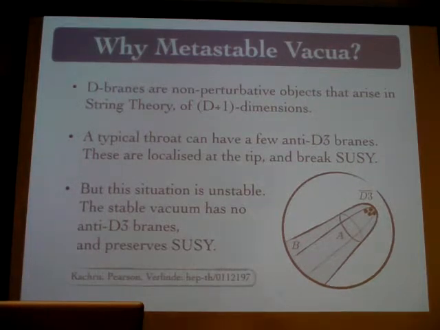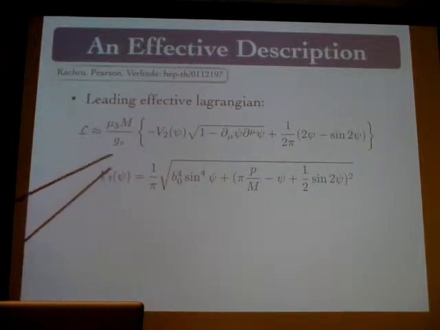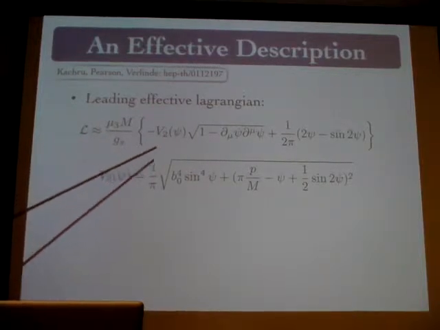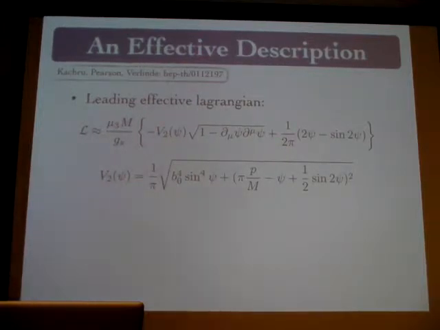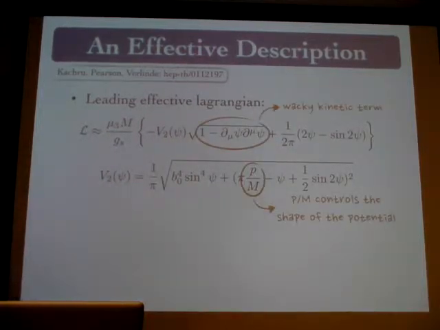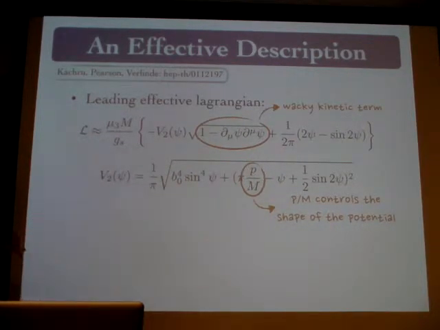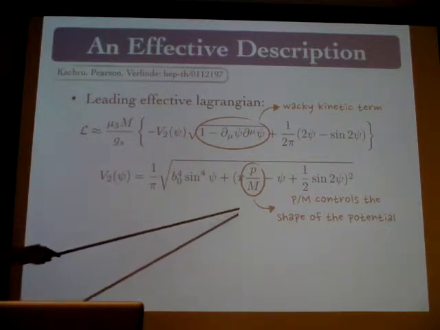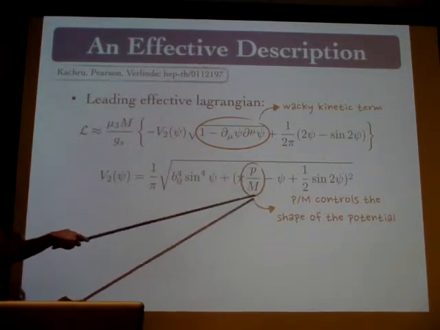In particular, they found that the leading effective Lagrangian that describes this system is an effective Lagrangian of only one scalar field. Notice there are 2 things I want you to notice here. This scalar field has some weird looking kinetic terms that I'll mention later. But basically, the effective potential is controlled by a single parameter, which is this P over M ratio.